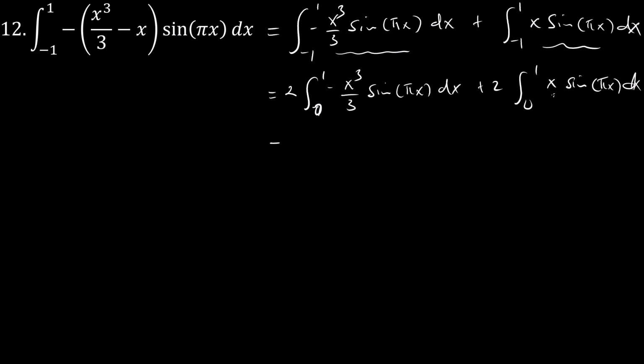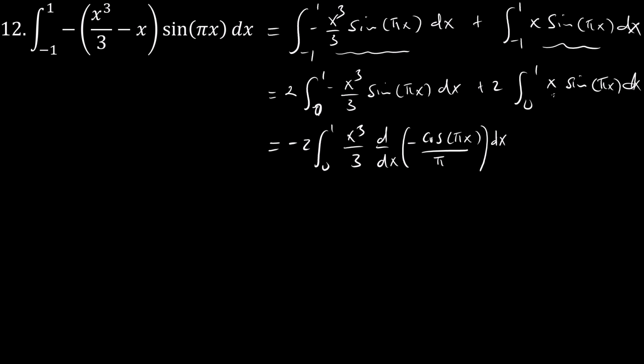So what I can do is pull the negative sign out, and so we have 2, integral from 0 to 1, x cubed over 3, and sine pi x is the same as the derivative of negative cosine pi x over pi. And then here, x is the same as the derivative of x squared over 2, and then we have.